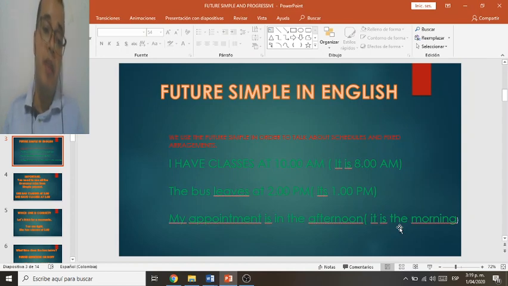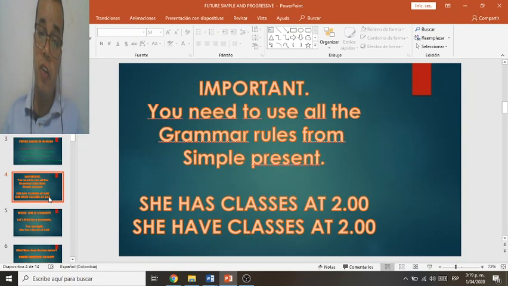But remember, the context is the one that is going to determine if I'm using present or future. Something very important that you may never forget is that you need to use all the grammar rules from simple present.